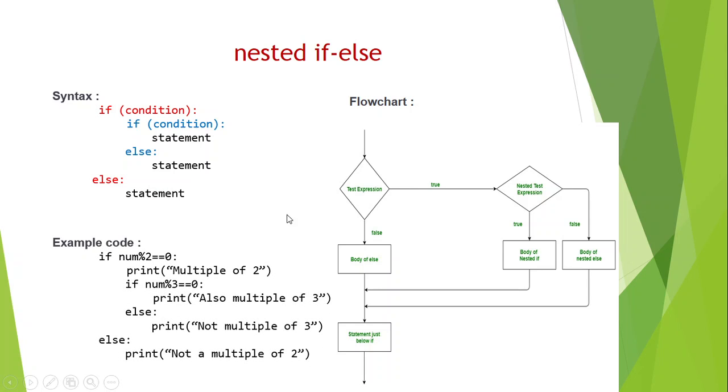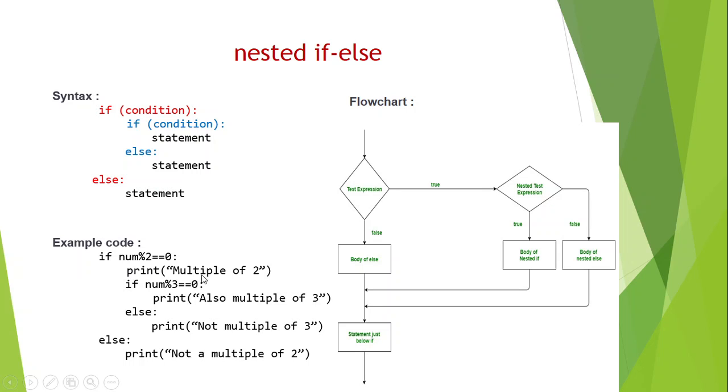A simple example code could be like this. Suppose there is a number num. We are checking whether it is a multiple of 2, and also whether it is a multiple of 3, or just simply not a multiple of 2. Firstly, we check whether it is a multiple of 2. If num%2 is equal to 0, this condition will evaluate to true if the number is divisible by 2. Then this if will be executed.